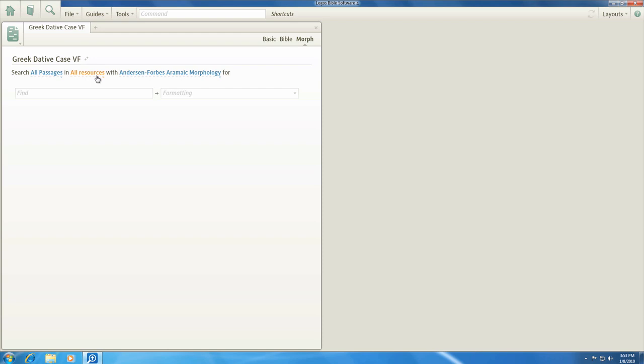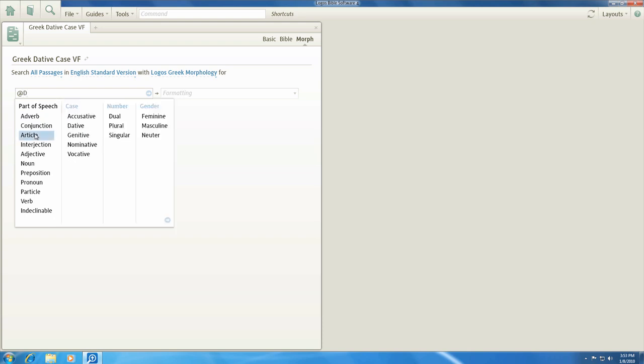And for resources, since we'll be in the ESV, let's type in ESV. And since we're working with the New Testament, we want to choose Logos Greek Morphology. Let's type in an @ symbol and select the article and dative.